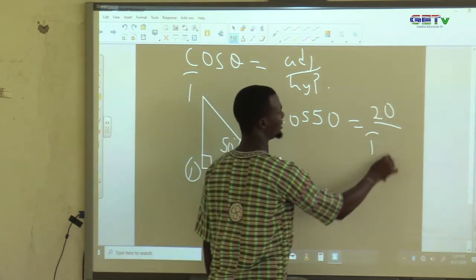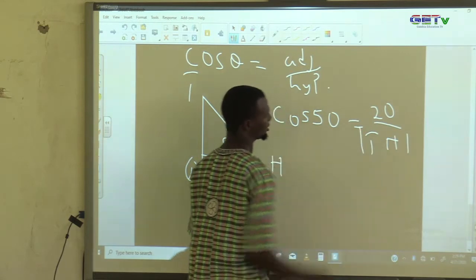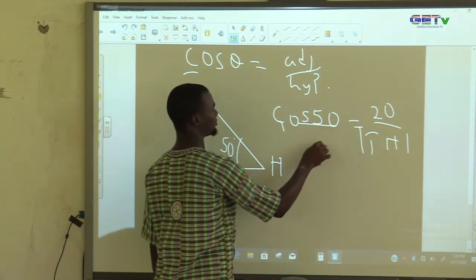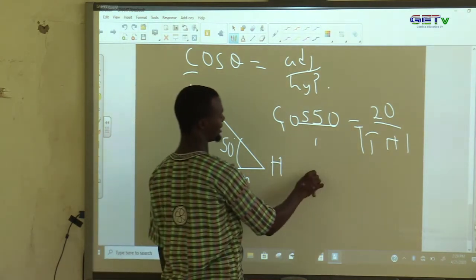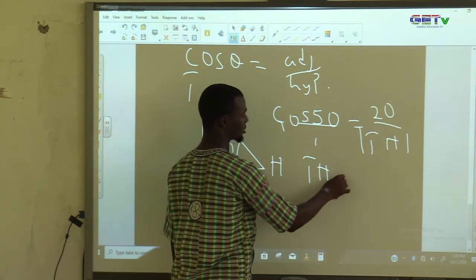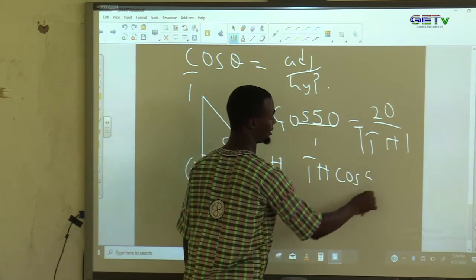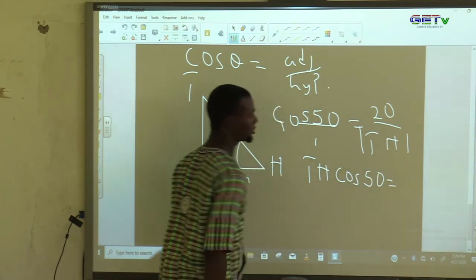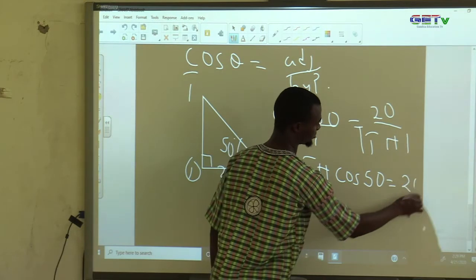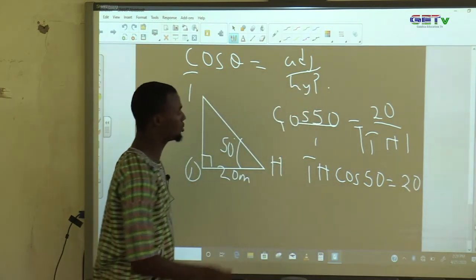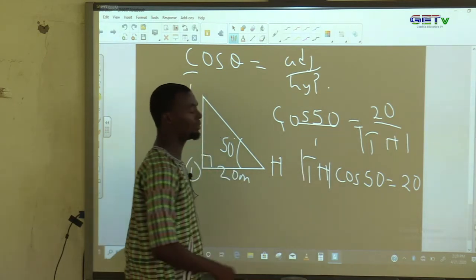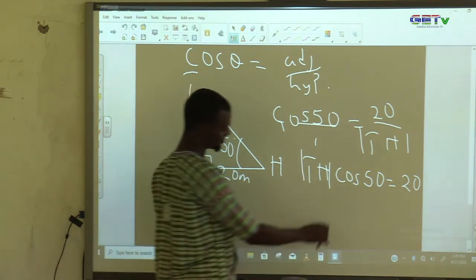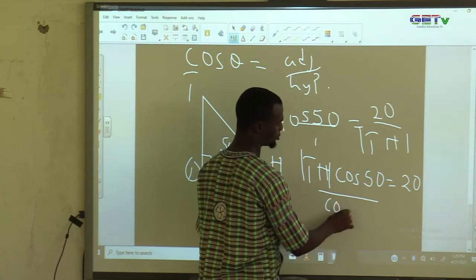If we cross multiply, we will have TH cos 50 equals 20. We are looking for the side TH, so we divide both sides by cos 50.